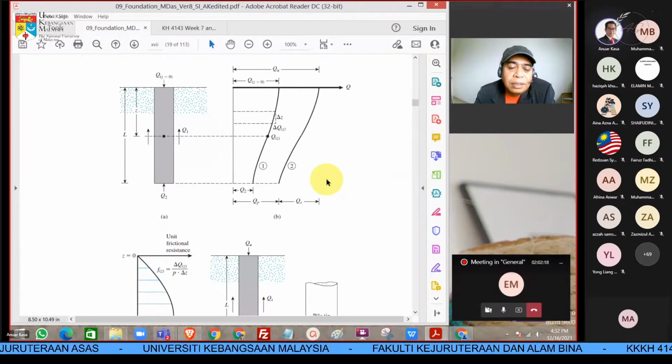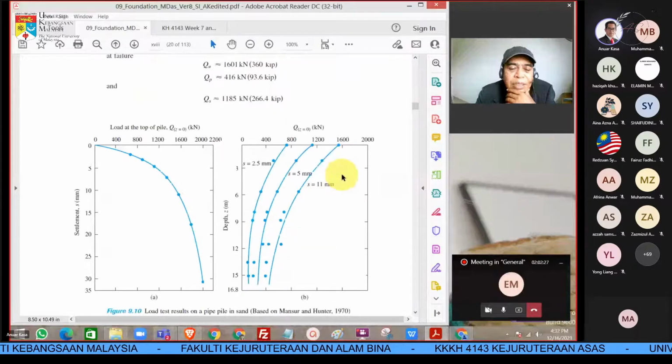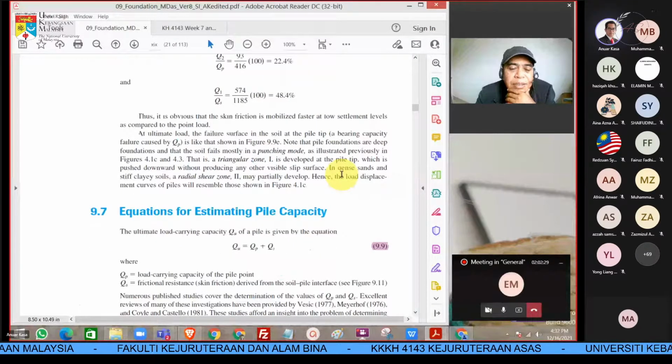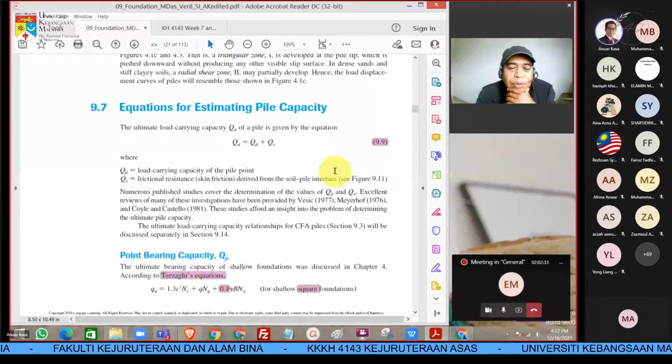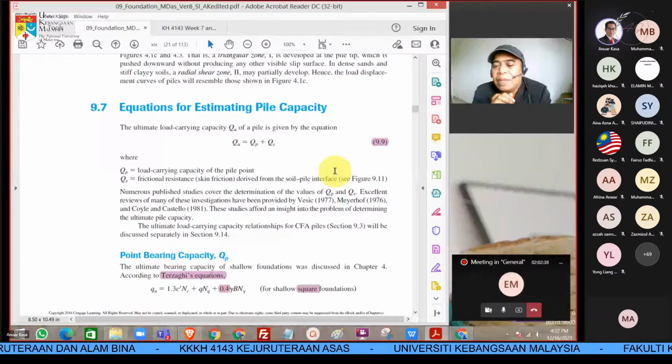Okay, and this is a concept for pile driving. But you can read on your own. It's not difficult. For pile foundation, in practice, the consultant normally adopts the method that they are comfortable with, because there are hundreds of methods.